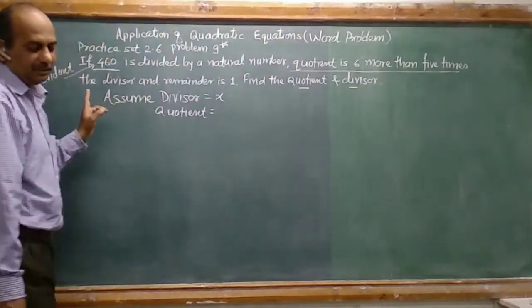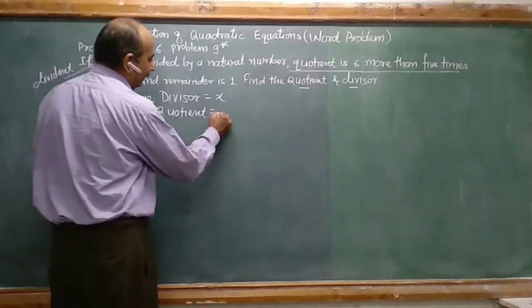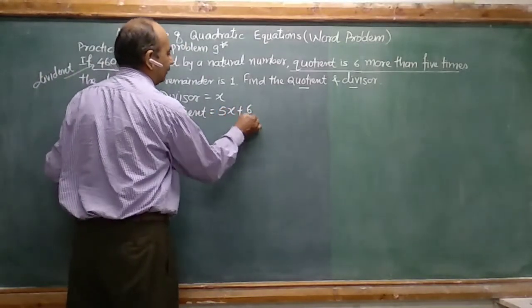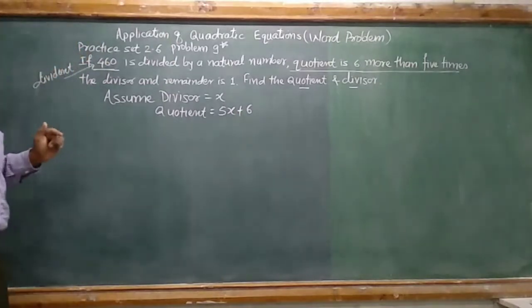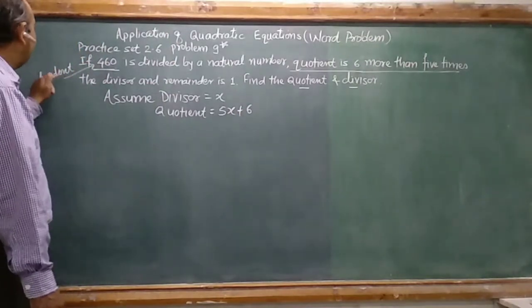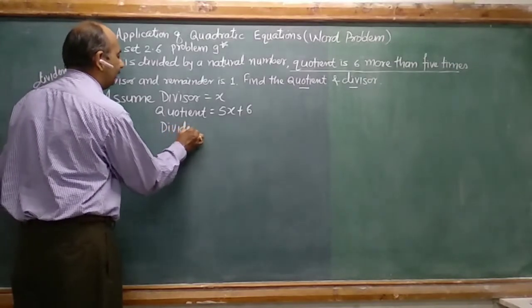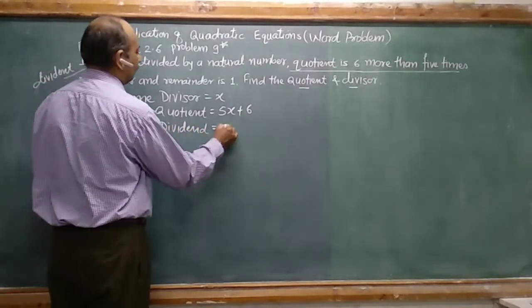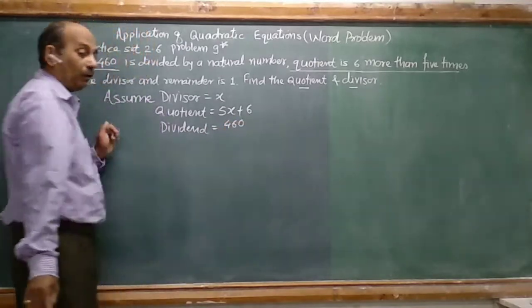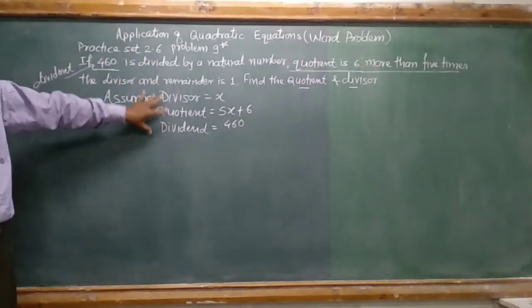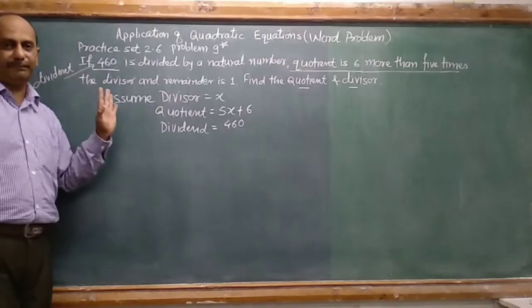It means the quotient is 5x plus 6. Quotient is 5x plus 6 and dividend is 460. So what we have done? We have written what is given in the problem.